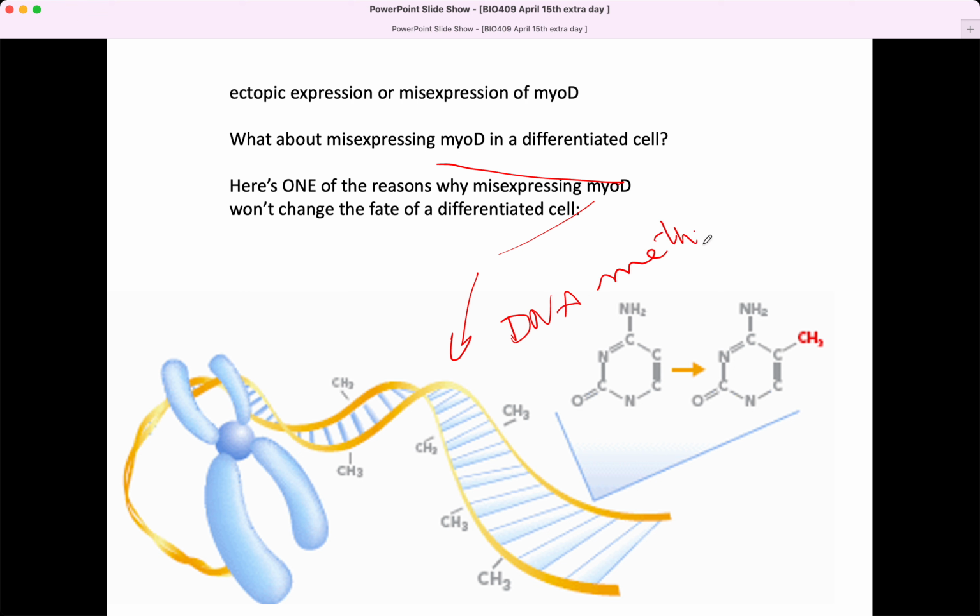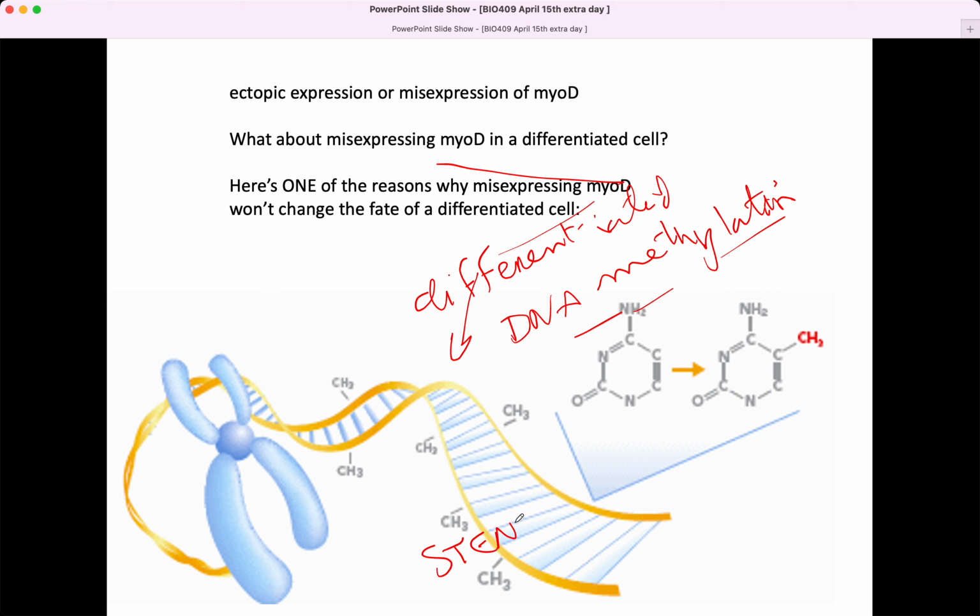So in chapter 20, DNA methylation is talked about with regard to stem cells. Differentiated cells have quite a bit of DNA methylation. Stem cells have less DNA methylation than differentiated cells.